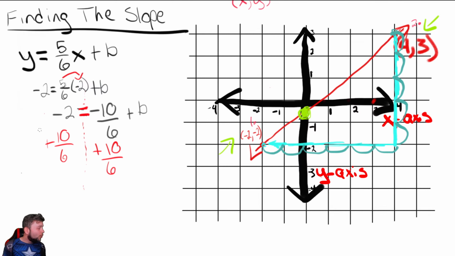So I can write right here, -2 plus the positive 10 over 6 equals b. And this will be our answer for the y-intercept, because b is the y-intercept, okay?